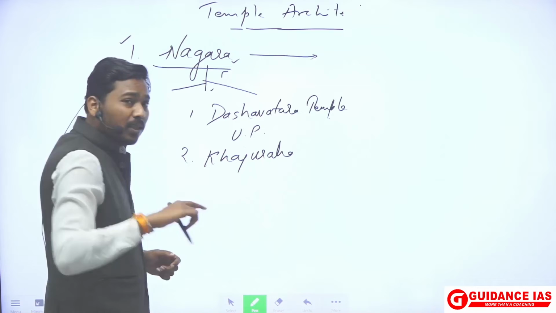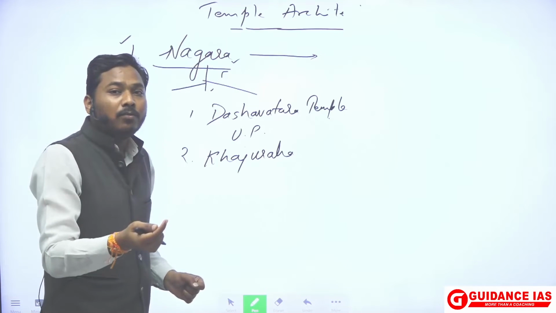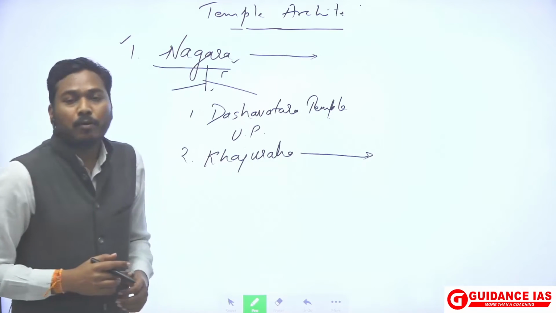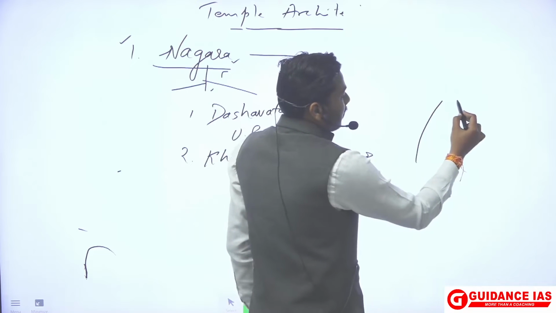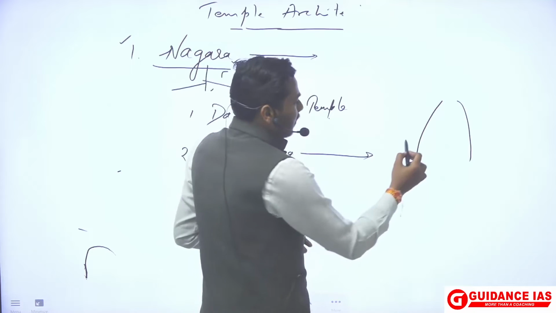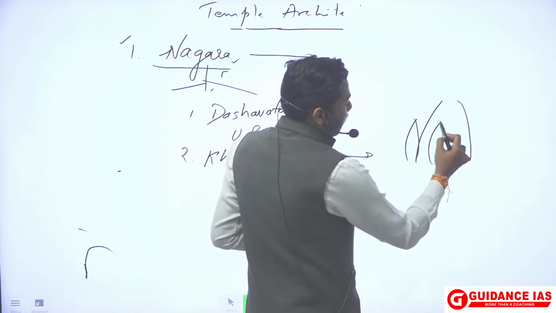Clear? Now in the Khajuraho Temples, we see an additional quality. In the Khajuraho Temple complex, along with the main shikhar, there are multiple small shikhars closely connected to it.